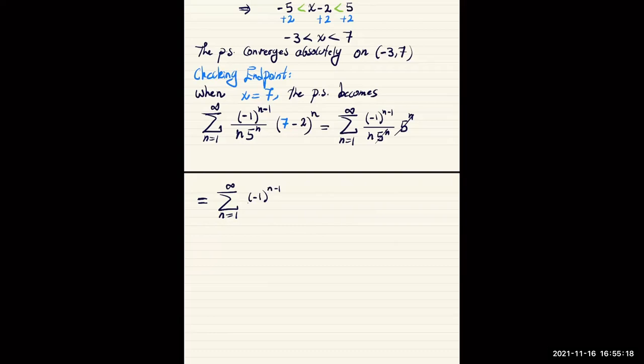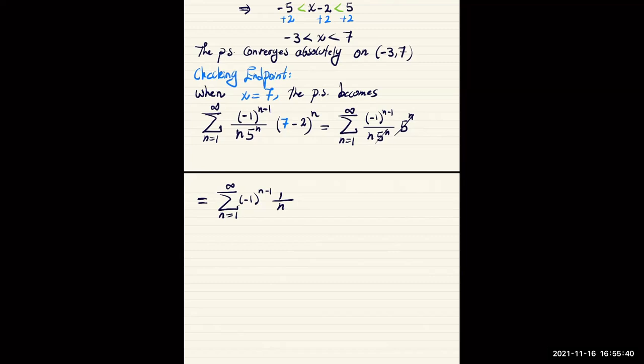You could write it like this: -1 to the n minus 1 times 1 over n. Or you could just write that over n if you want. But I wrote it this way intentionally because we all know this as the alternating harmonic series.